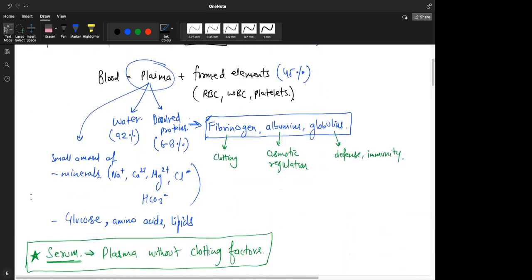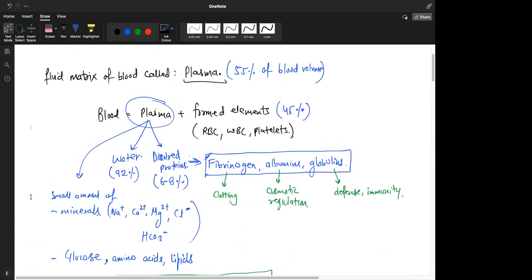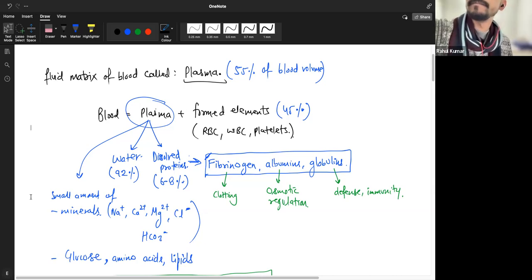Plasma is a straw-colored and viscous substance and constitutes 55% of the blood volume. The components of plasma are 92% water, 6 to 8% dissolved proteins like fibrinogen, albumin, globulin, and a small amount of minerals like sodium ion, calcium ion, and it also consists of glucose, amino acids, and lipids.